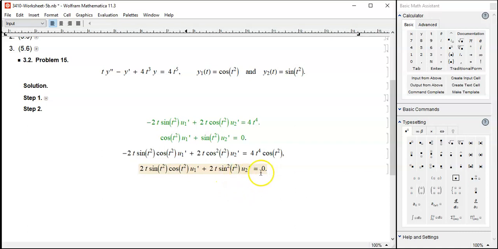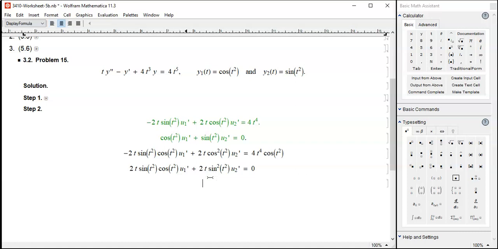And then all we have to do now is add up these two and then remove this common part. If I do that, what do you get? This plus that?